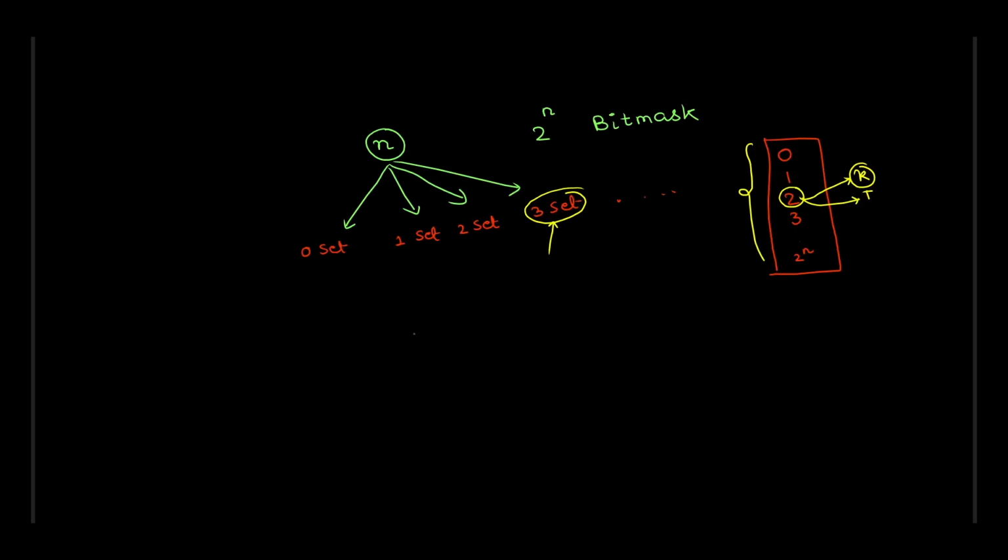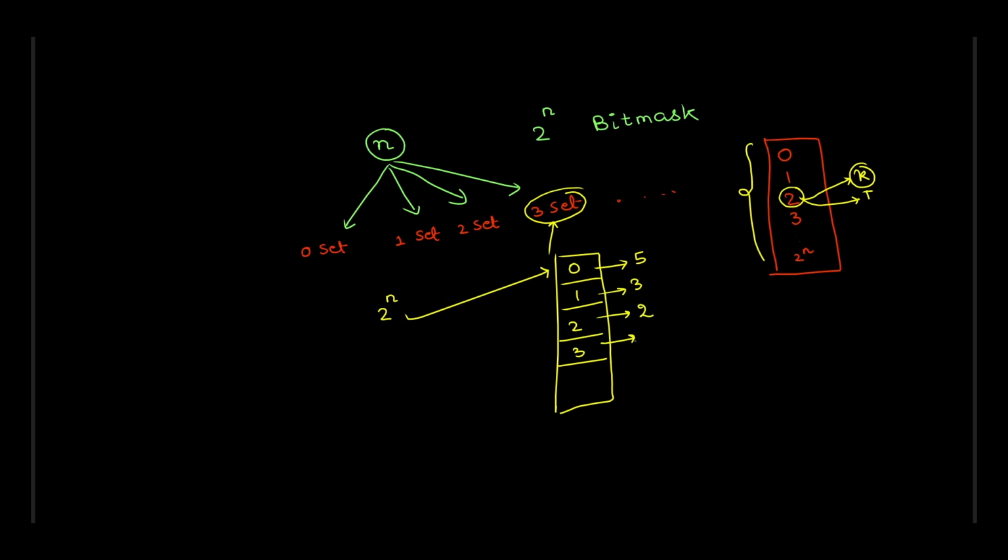So now, given the initial 2 to the power n bit masks, we can now split it into only n different classes, and each class will represent how many bit masks there are with a value true and k set bits. So suppose there are 5 bit masks, and then there are 3 bit masks, 2 bit masks and 2 bit masks.